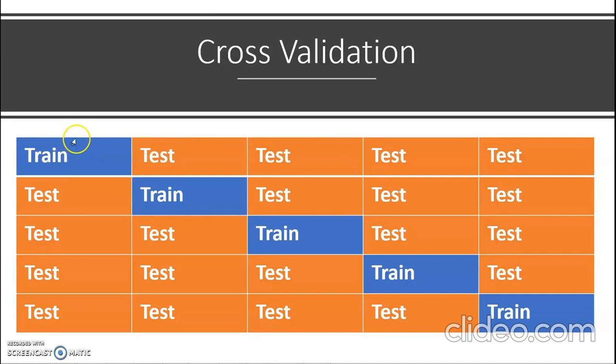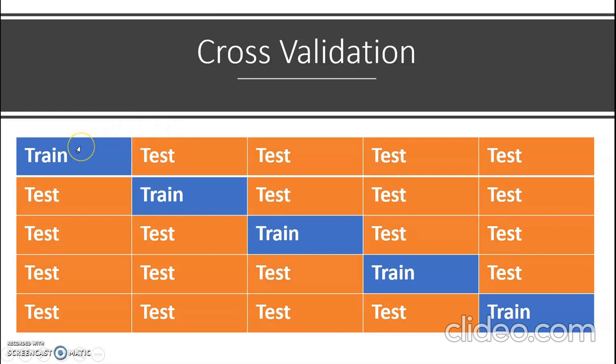The algorithm will learn the data points that are only in this fold, and it will not get to be trained or learn from the rest of the folds or the rest of the data set. So we're not giving a good opportunity for the model to learn as much as possible.